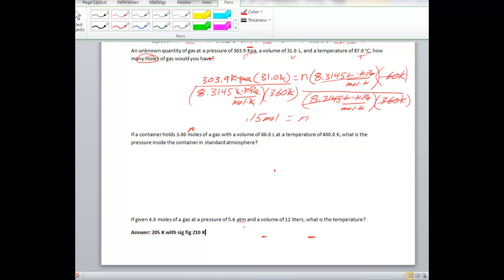So I look at this and I have my N, here's my volume, here's my temperature, what is pressure. Standard temperature, I'm just going to use ATM.